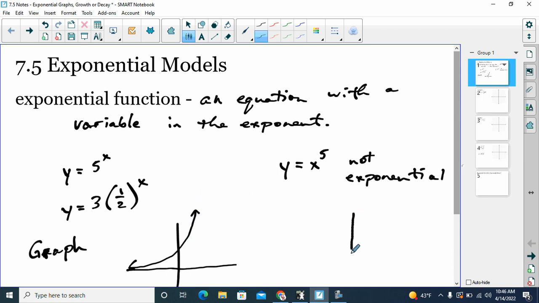It could look like that, or it's also possible that it starts up high and then comes down low. We'll talk a little more about how we get that graph and how to tell the difference between these two shortly. So the graph of an exponential equation is going to be in the shape of one of these two.